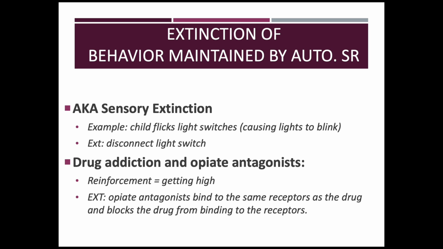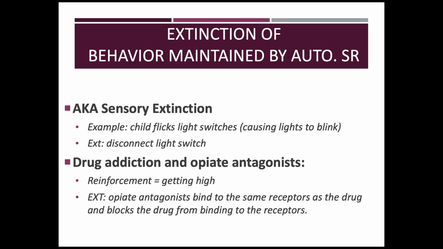It turns out there are a couple variations that we see in the literature, and one I've used quite frequently is sensory extinction. An example might be a child walks into rooms and flicks the light switches repeatedly, causing the lights to blink. How would you implement extinction for that?